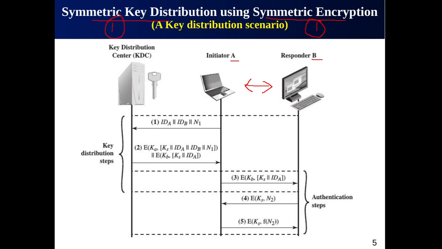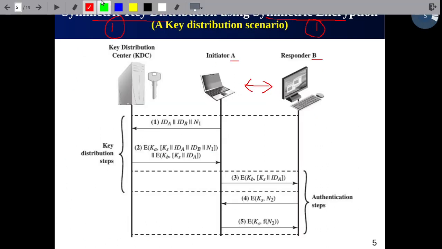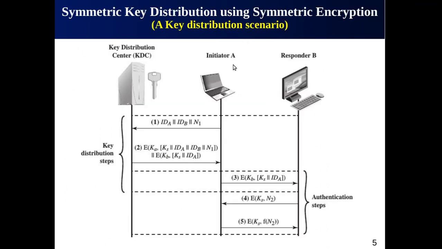Also assume that user A wishes to establish a logical connection with user B, and they require a one-time session key. Remember the session key? It is actually shared between the two communicating parties. So in this case, the communicating parties are A and B. Each of them will need a master key to be shared with the KDC, and they also need a session key for communicating with one another.